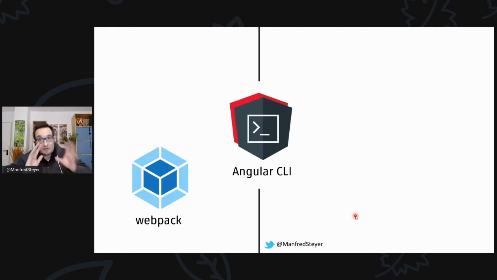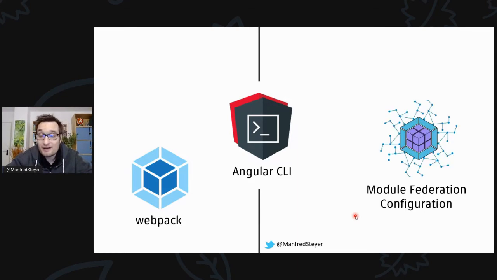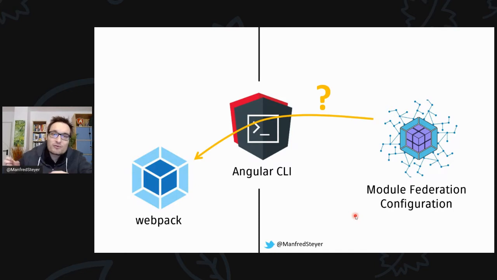And normally this is also great, because normally that means we do not need to mess around with the Webpack configuration. That can be quite complex, can't it? But in our case, this is a drawback, because in our case, we have the module federation config, and we want to find a way to squeeze it into the Webpack configuration underneath the covers.